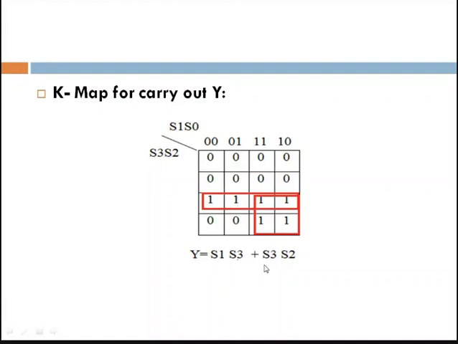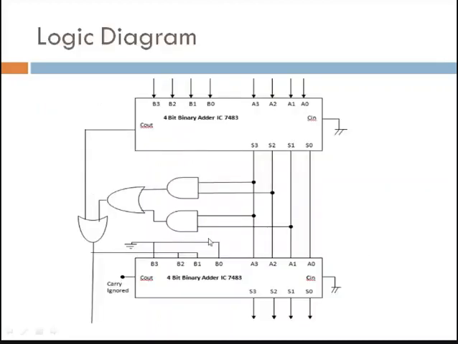After that, if you write the reduced equation, it is nothing but this one: S3 into S1 plus S3 into S2. This combinational circuit we need to consider while designing the circuit diagram. Now this is your circuit diagram. Understand this is a very important part, to design the circuit diagram for the BCD adder by using a 7483.